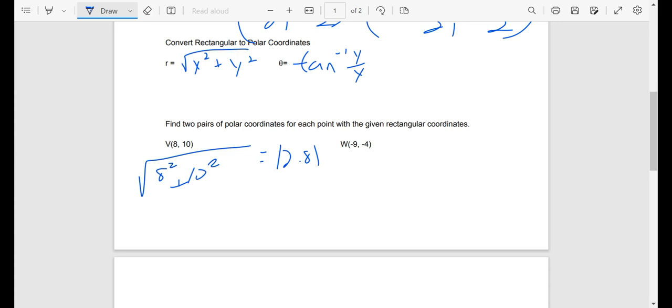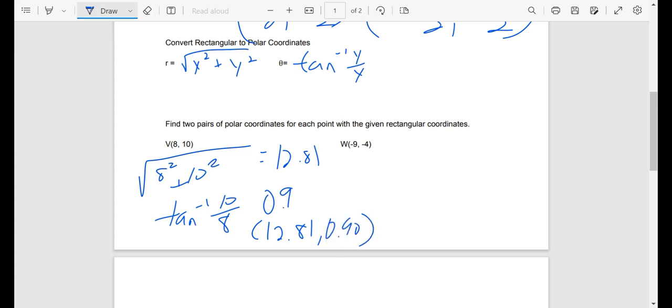And then after that, inverse tan of 10 over 8, which should get you 0.9. And so if we need to find two pairs, we found one, 12.81, comma 0.90.